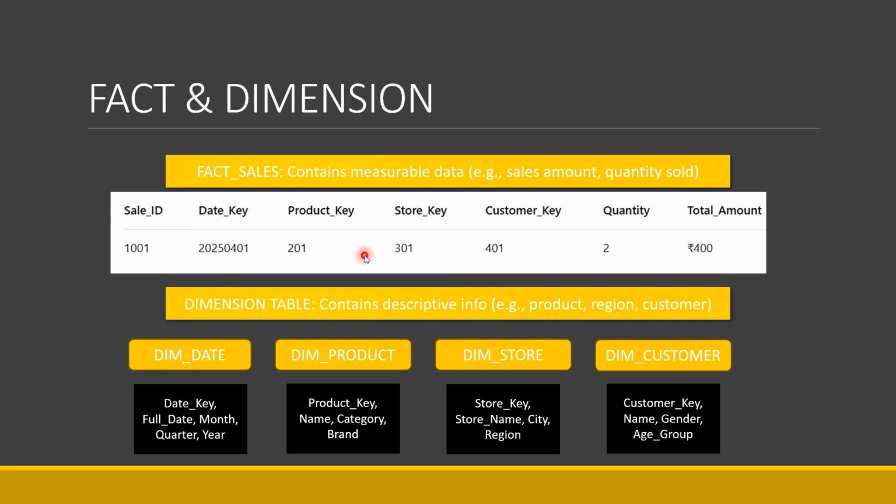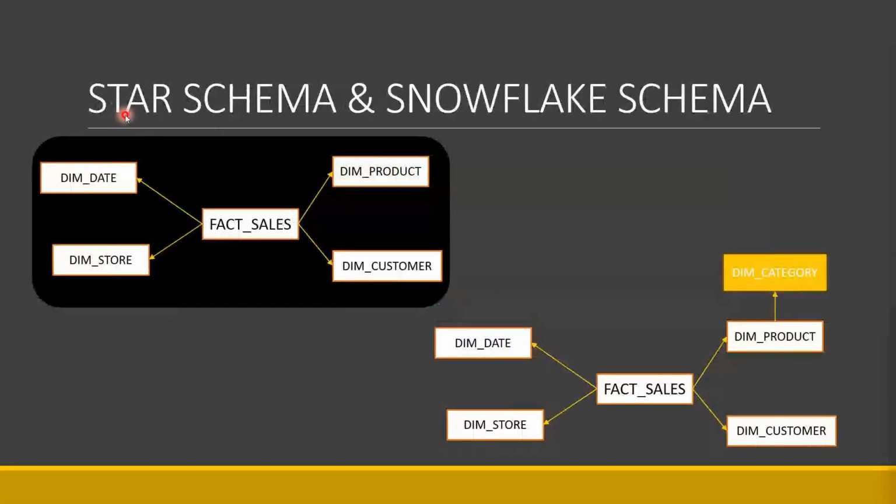Just introducing fact and dimension, we have one more term: schemas in a data warehouse. As a tester, we don't design a data warehouse. That is designed by technical leads or developers.